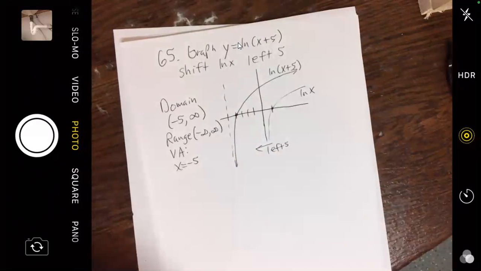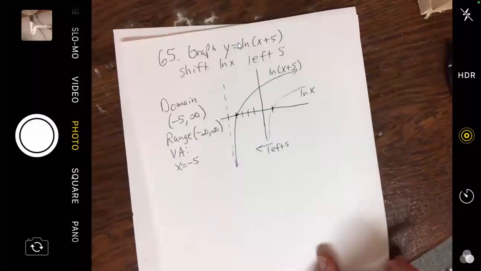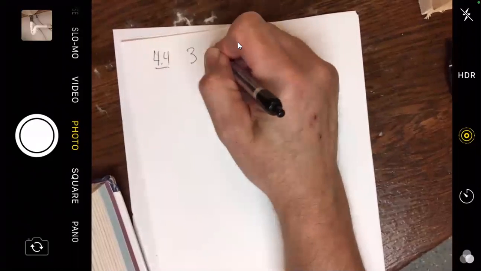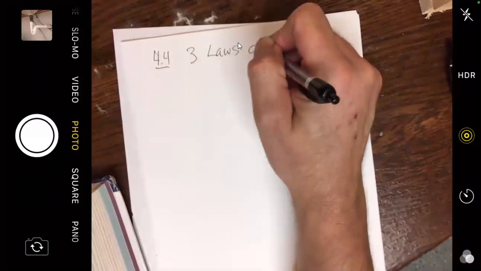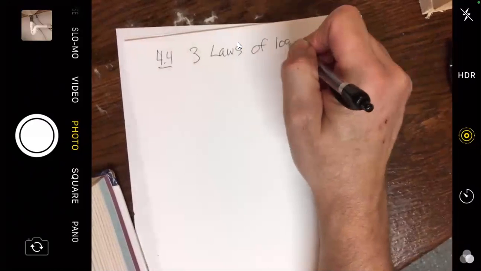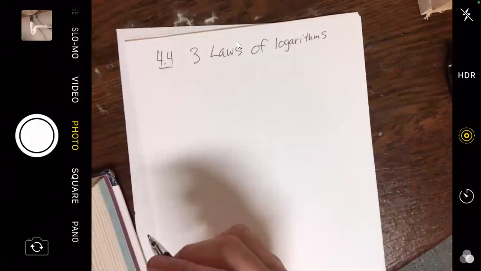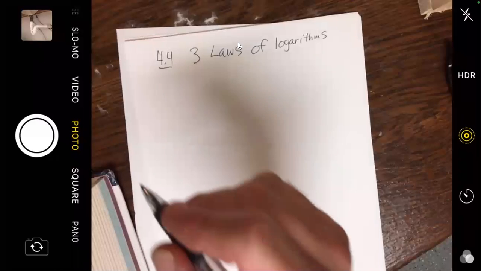All right, let's switch on to section 4.4 and see if we can give you a good introduction to 4.4, the laws of logarithms, page 390.